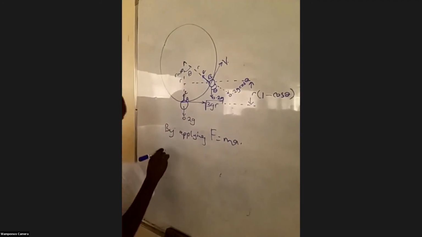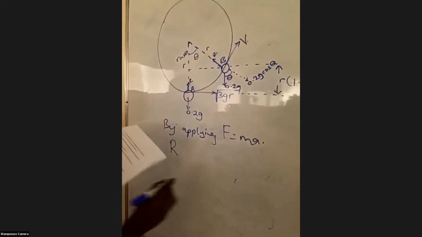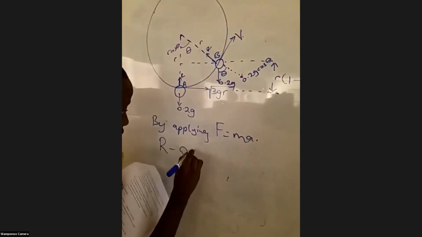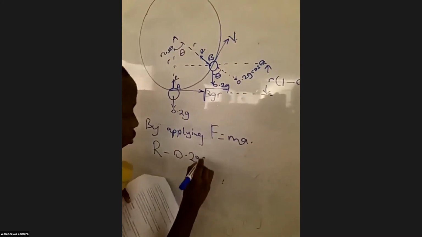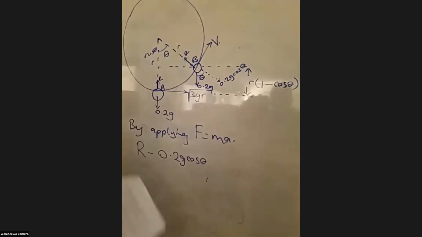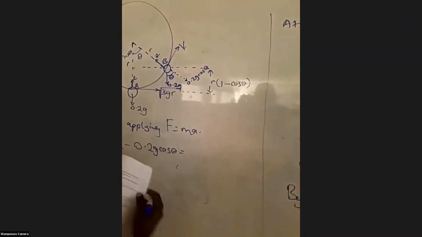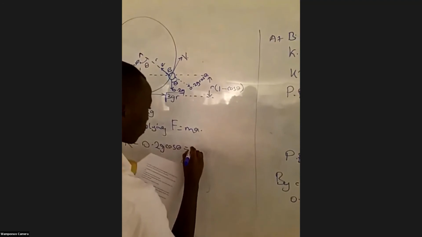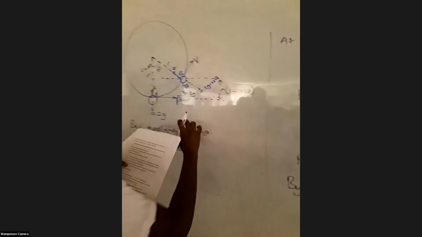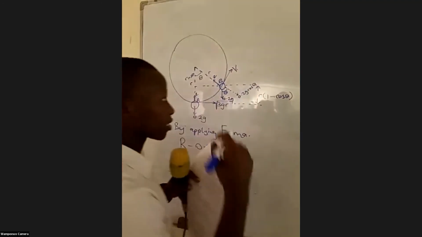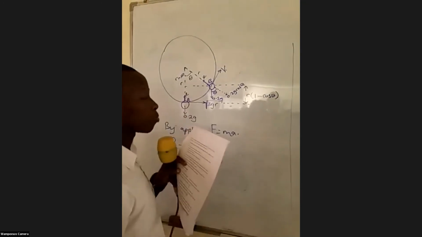So I'm going to have R minus 0.2g cos theta equal to the force for a body moving in a circular path, which is the centripetal force.